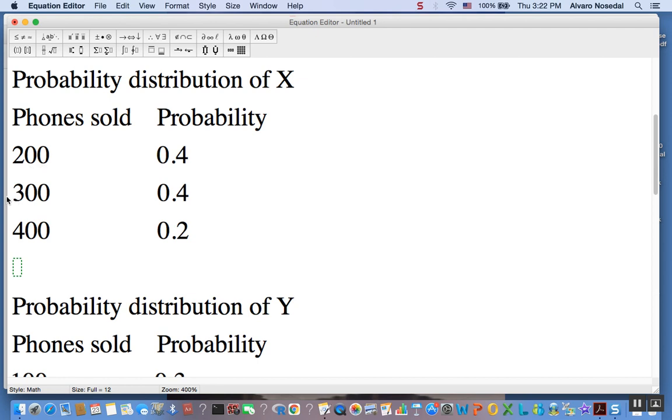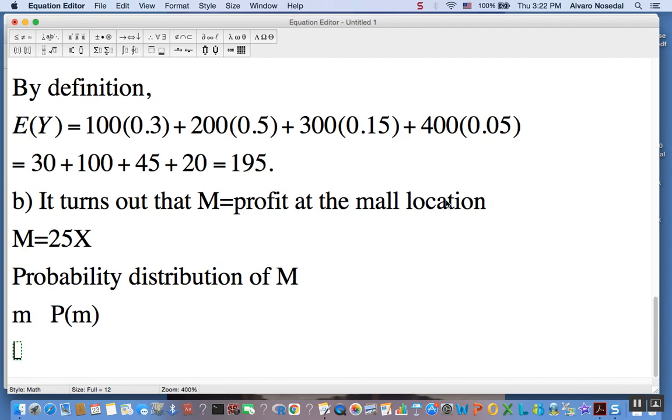The other one would be 25 times 300. The other one would be 25 times 400. So we are going to have 5,000, 7,500, and finally 10,000. You agree?